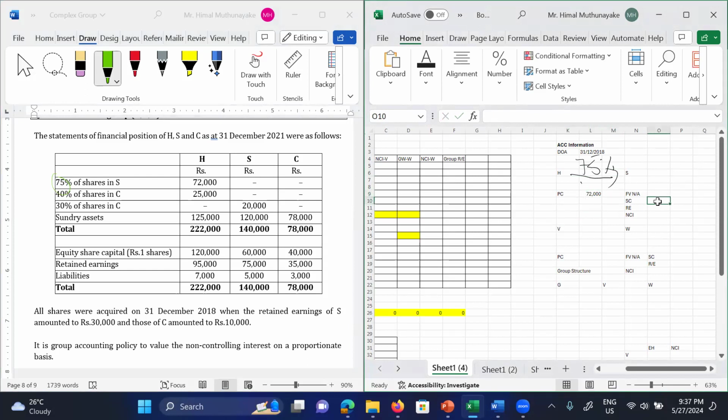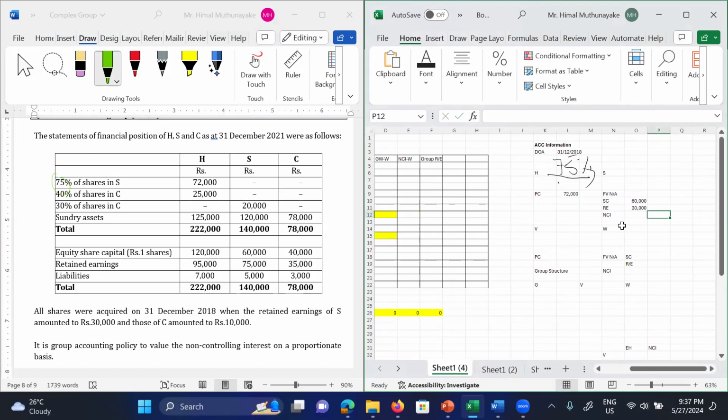And fair value of net assets: share capital is 60,000, right? And also the retained earnings show 30,000 here, right? It's given. So NCI, how are we going to calculate?